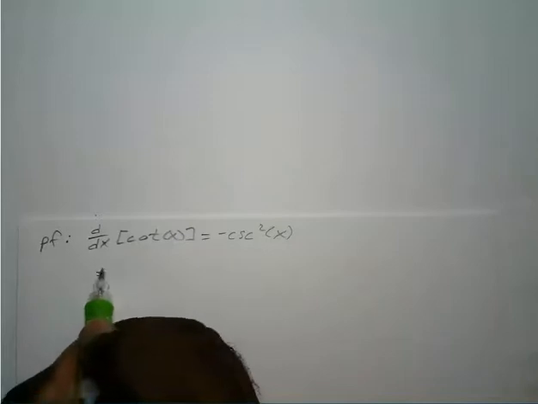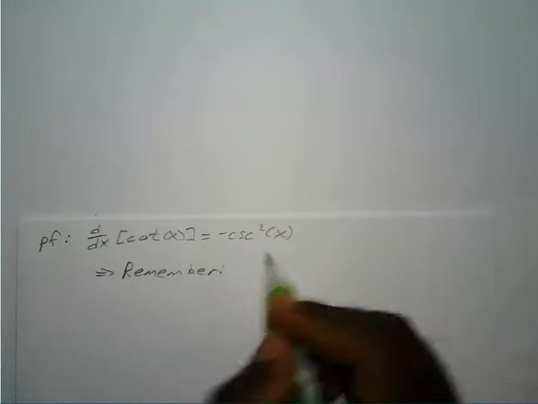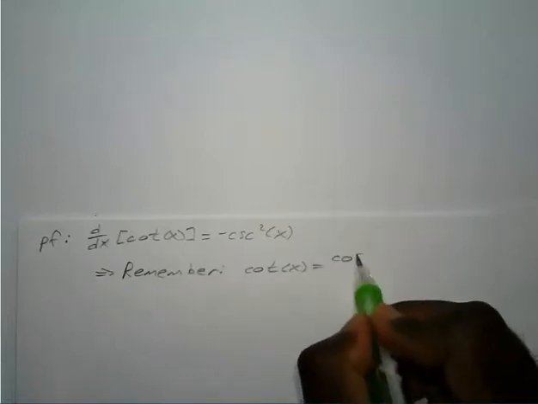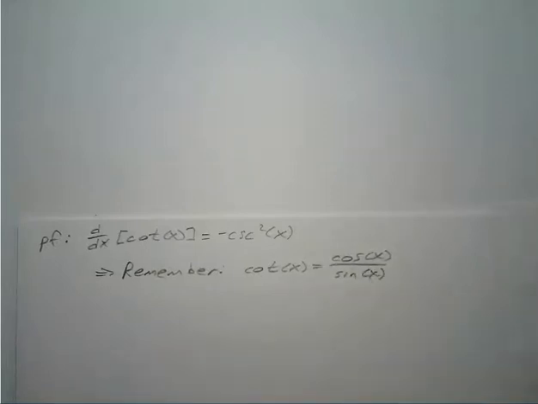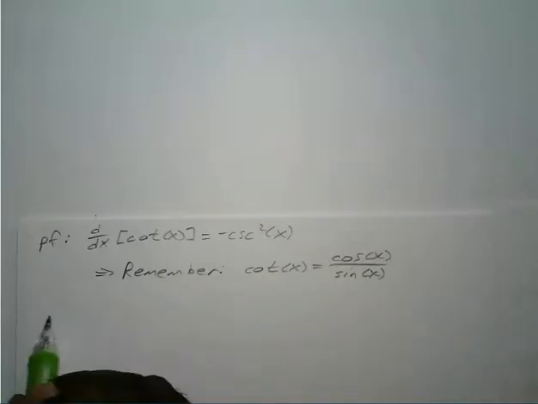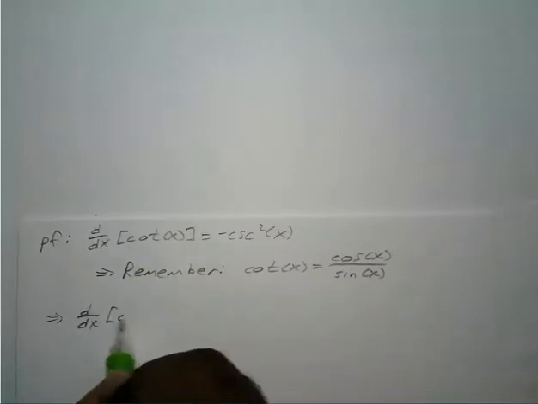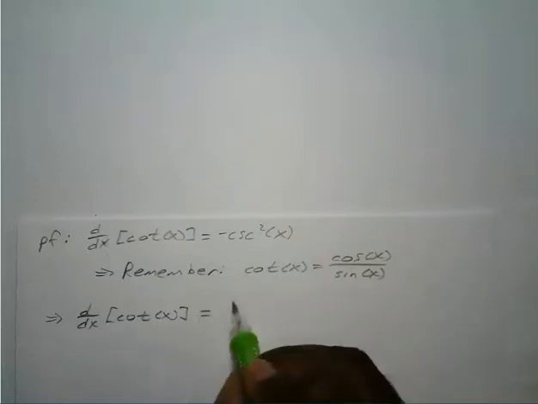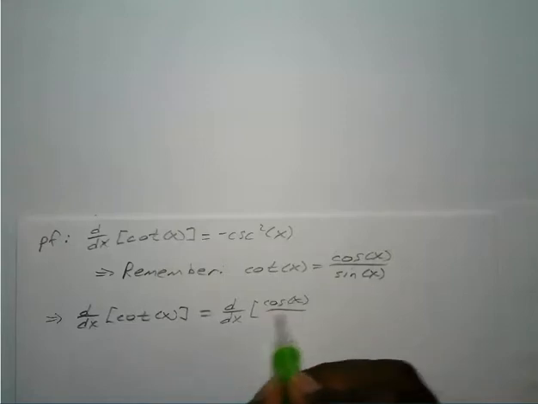Alright, so to do that, you want to remember that cotangent is equal to cosine over sine. Alright, so that means starting off, the derivative of cotangent of x is the same as the derivative of cosine over sine.